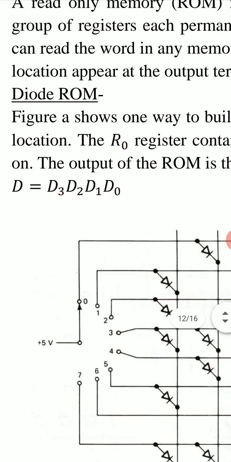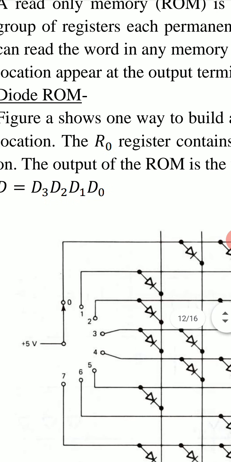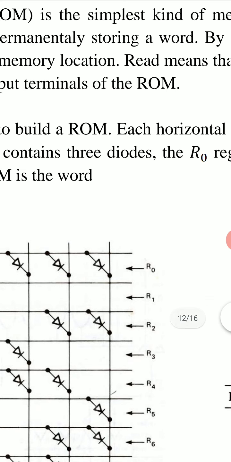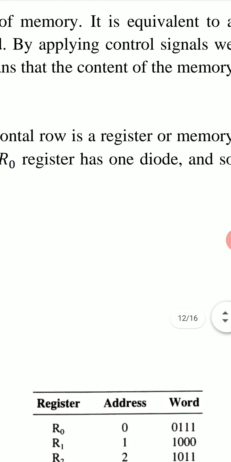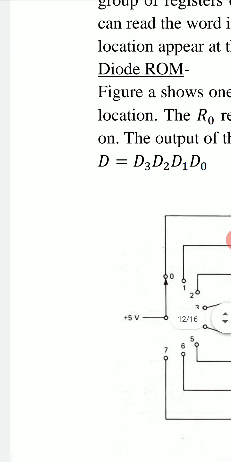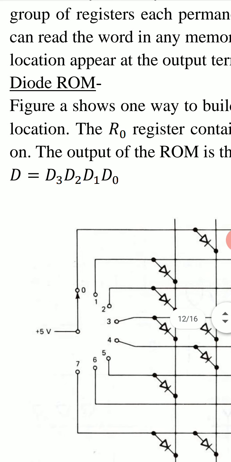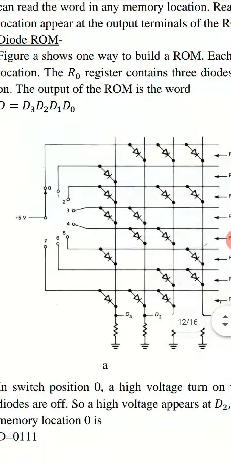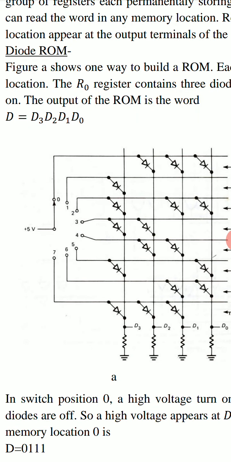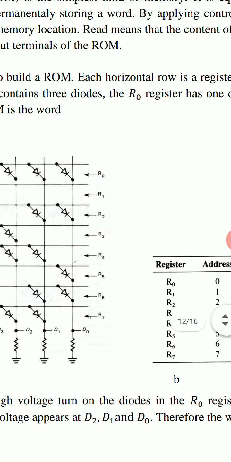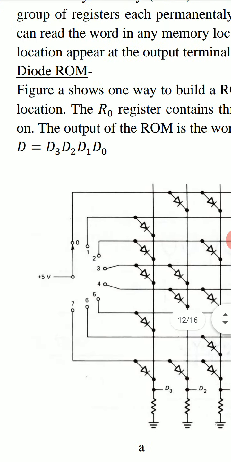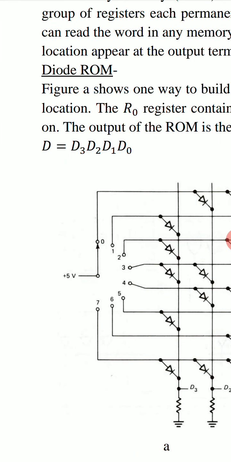Diode ROM. This figure A shows one way to build a ROM. Each horizontal row is a register or memory location.